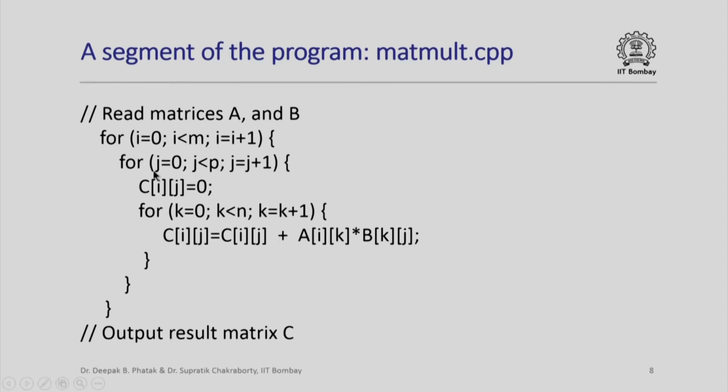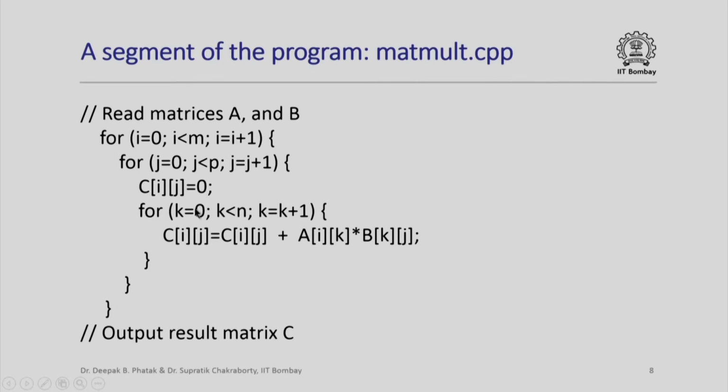Within that, I set up a nested iteration to vary j from 0 to p minus 1. Notice that this iteration will complete all the calculations for m by p elements of the resultant matrix. The resultant matrix C, the i comma jth element, is initialized to 0, and now I have to accumulate in this the sum which we just saw to be calculated.